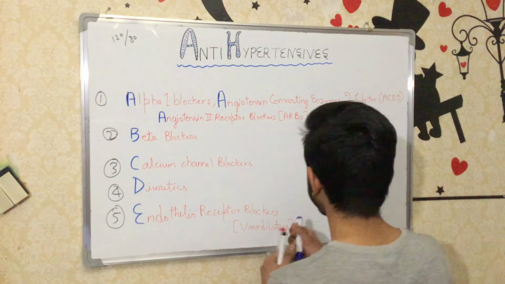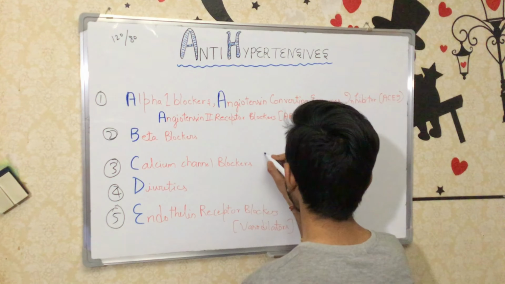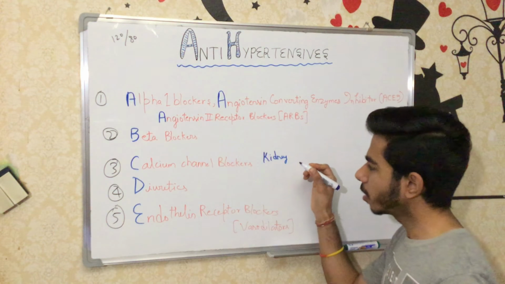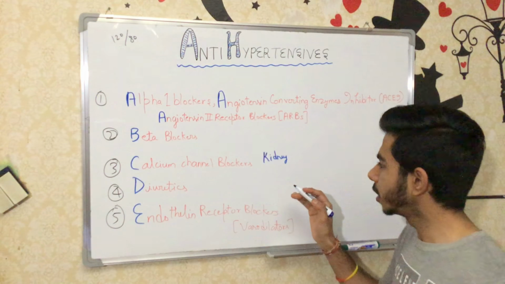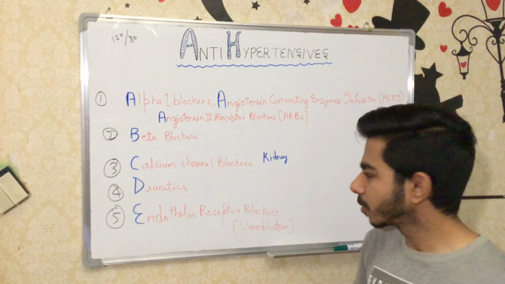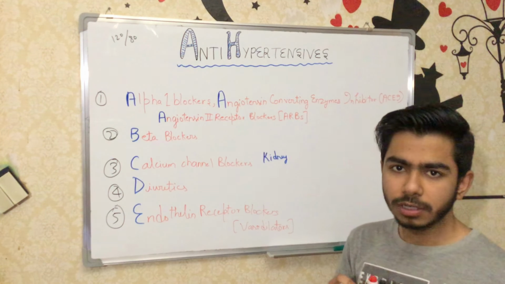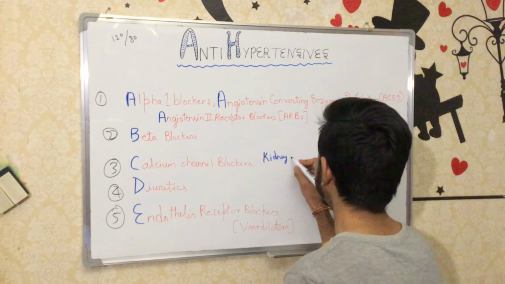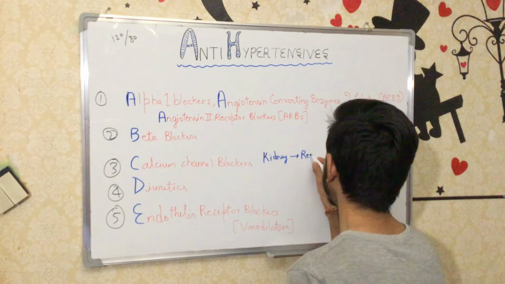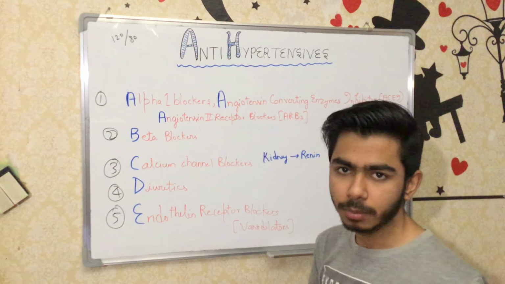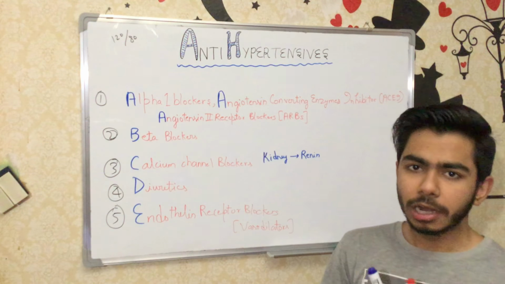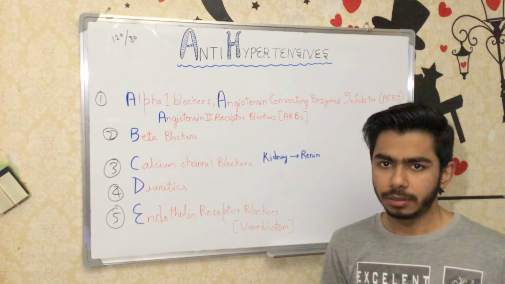So in the juxtaglomerular apparatus present in the kidney, there are the macula densa cells. As they sense the low renal blood flow, they will start producing renin. However, our liver produces angiotensinogen.